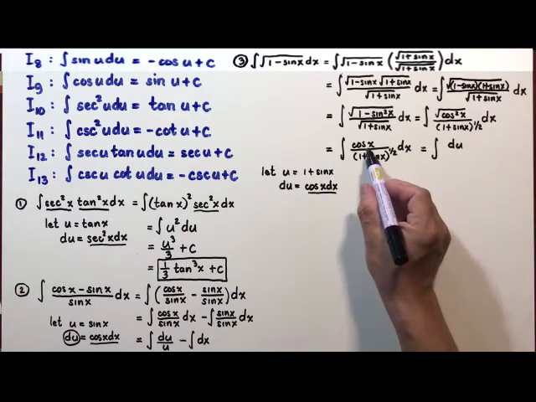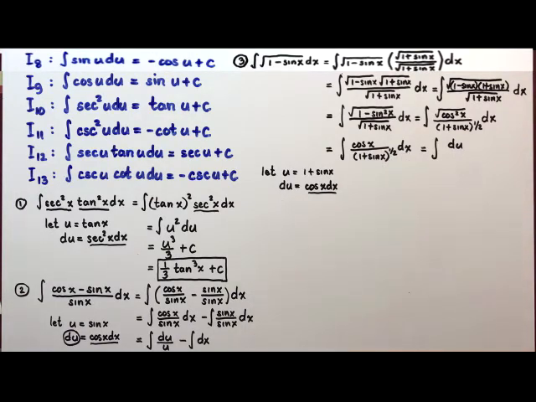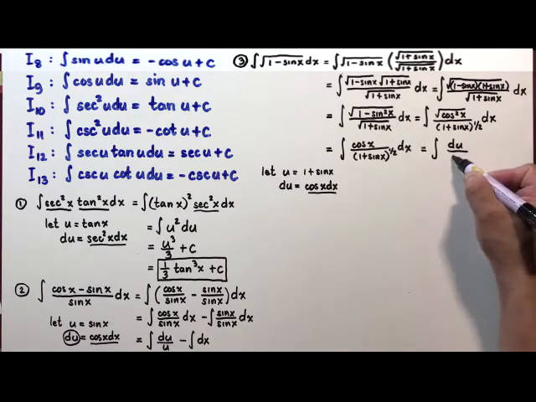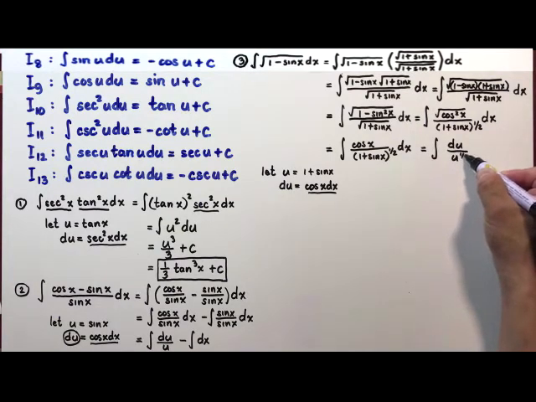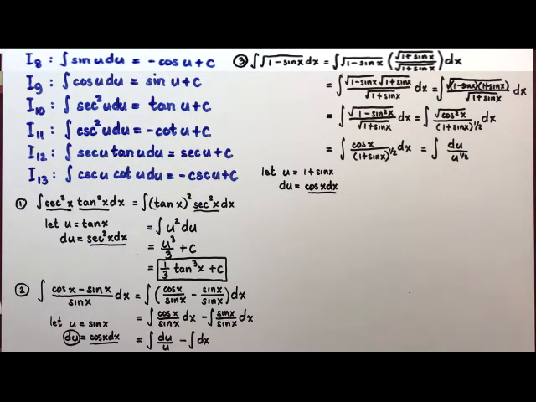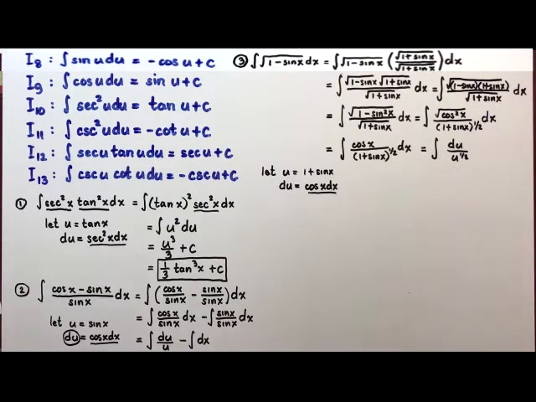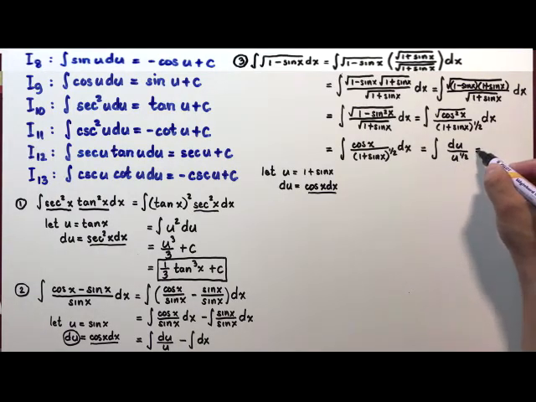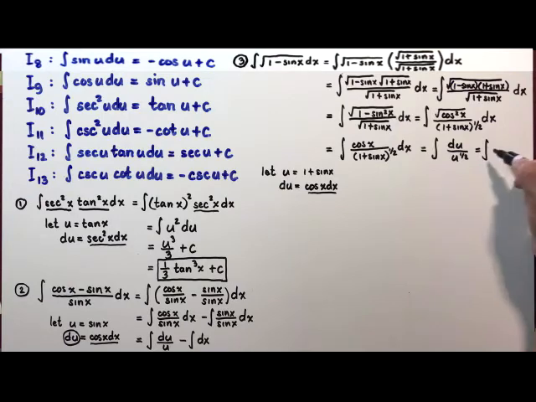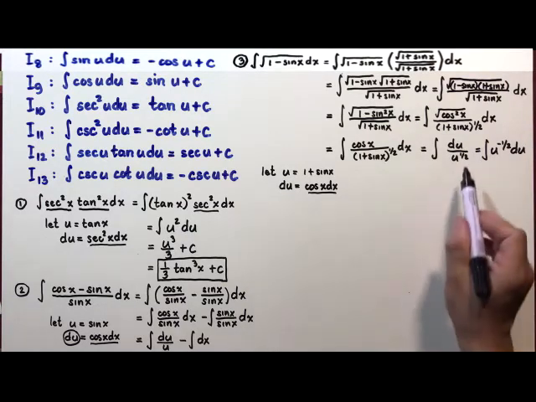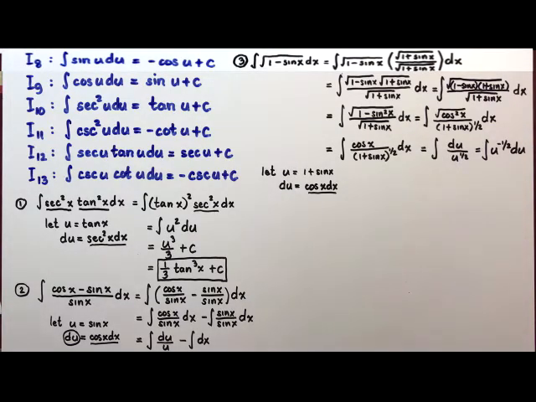So instead of writing cosine x dx, we write du over u to the power 1/2. You might think we can apply formula number 5, but actually we cannot, because there is an exponent of 1/2 on u. But that is very easy, because I can rewrite this as u to the power -1/2 du, when I place this term in the numerator, and you see that the exponent becomes negative.